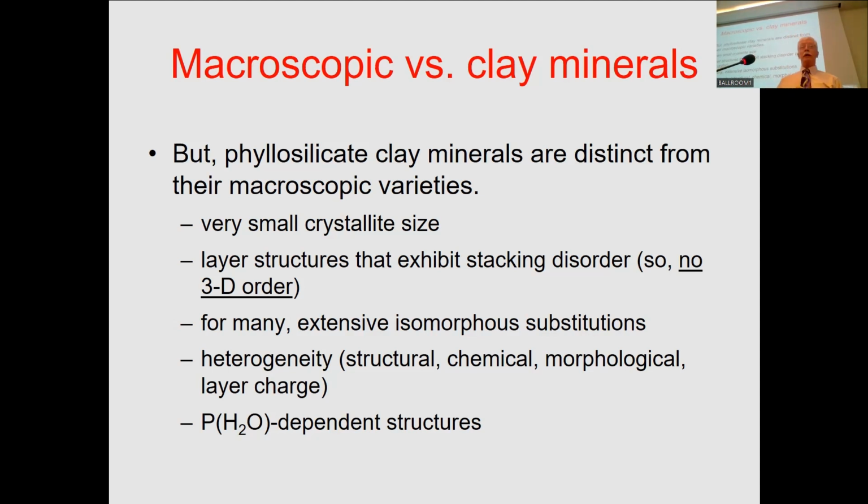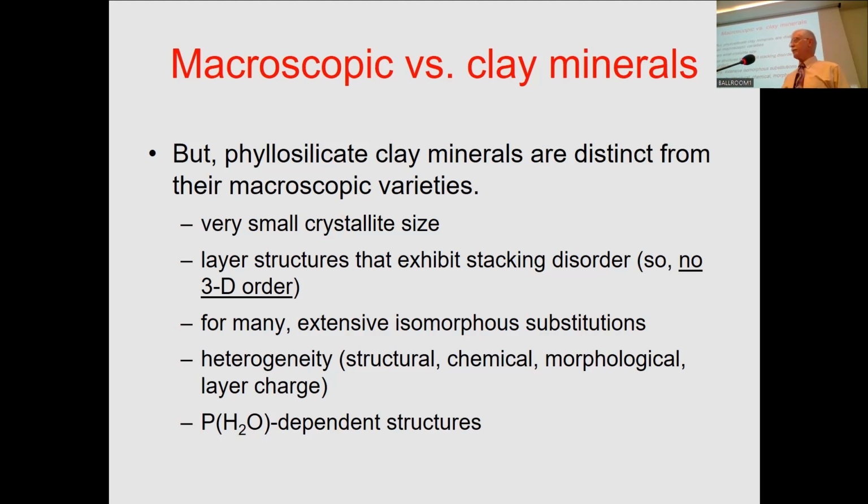And I knew that he had identified one in one of his studies. I contacted him and said, can I have some of this material? I would love to study it, to look at the effects of layer charge heterogeneity. He replied saying, oh, well, we only found 0.2 milligrams of this material, and it's the only one we've ever seen in the world. So heterogeneity is the rule rather than the exception.